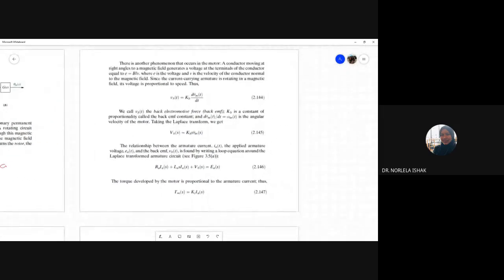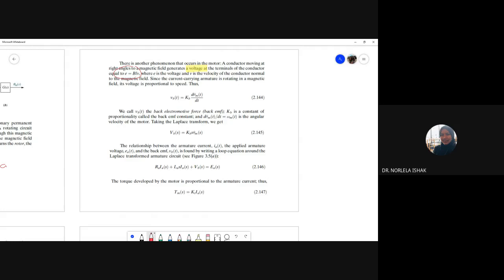The second one. There is another phenomenon that occurs in a motor. A conductor moving at a right angle to a magnetic field generates a voltage. So that's another one. They generate a voltage at the terminal of the conductor equal to, this is the equation, where E is the voltage and V is the velocity of the conductor normal to the magnetic field.